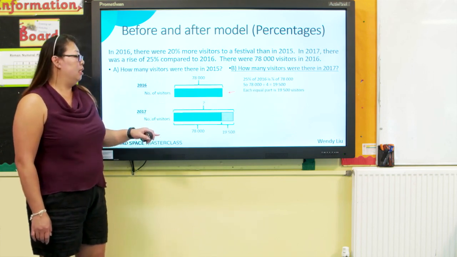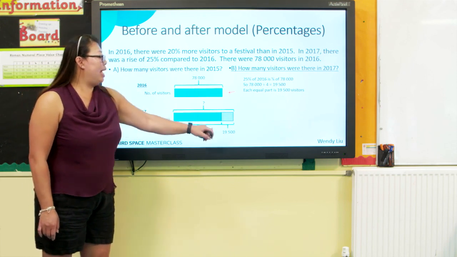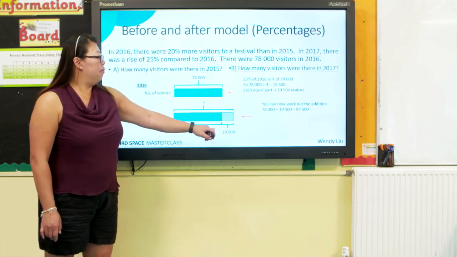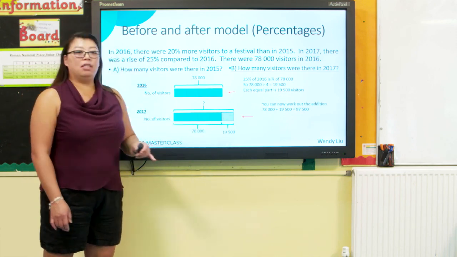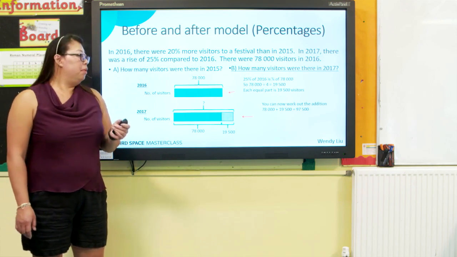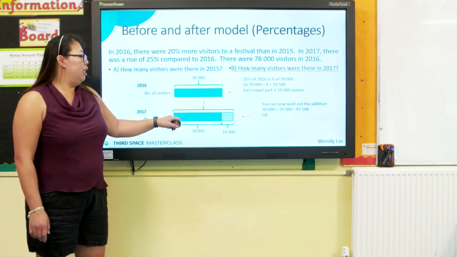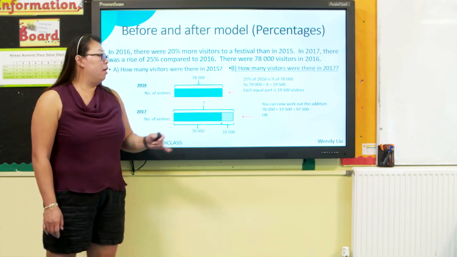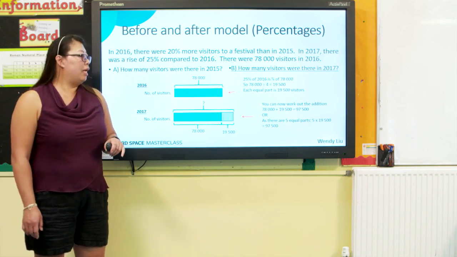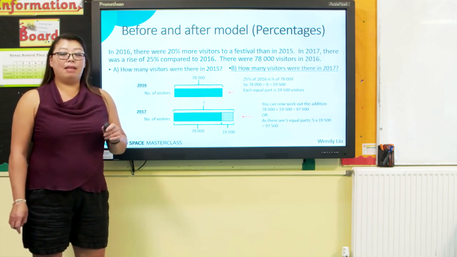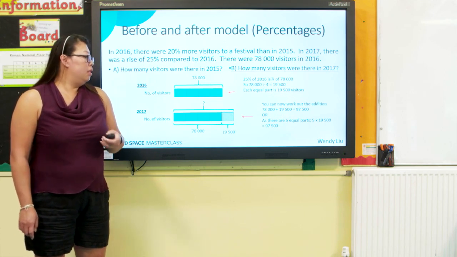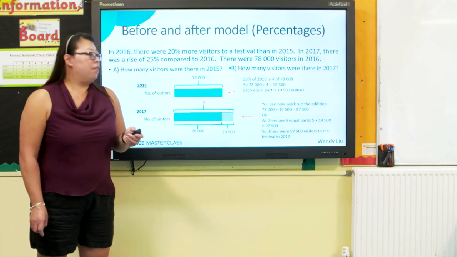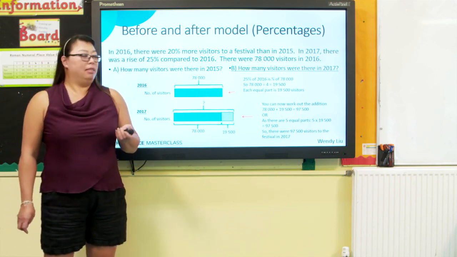If we know that, then we can either add 78,000 plus the 19,500 to give us 97,500 people, or if each part represents 19,500 people and there are 1, 2, 3, 4, 5 parts, we can do a multiplication and work out that it's 97,500 people. So altogether, there were 97,500 visitors to the festival in 2017.